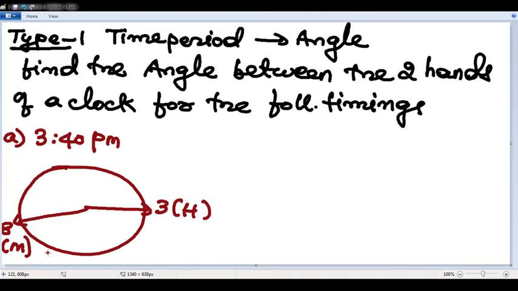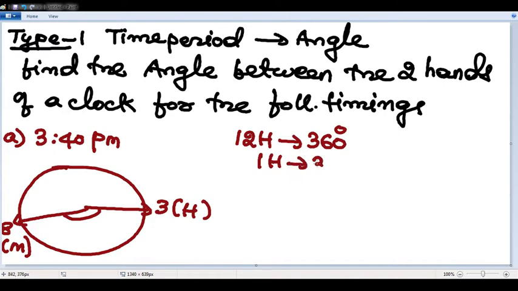Now if you observe, 3 to 8, there is a 5 hour gap. 12 hours is 360. 1 hour is 30 degrees. 5 hours will become 150 degrees. Now when the minute hand reaches 8, the hour hand will tilt for 40 minutes.